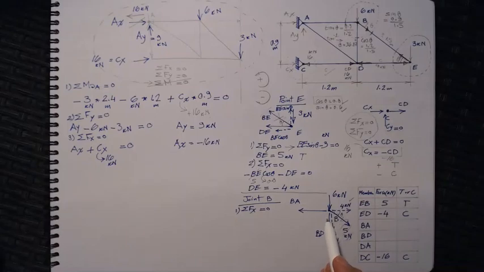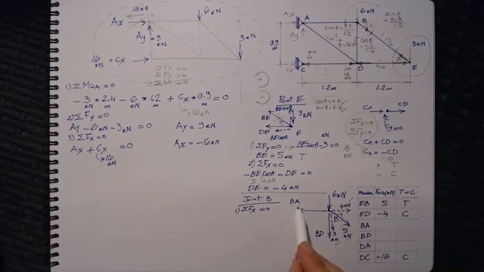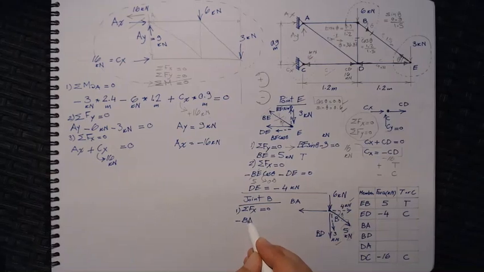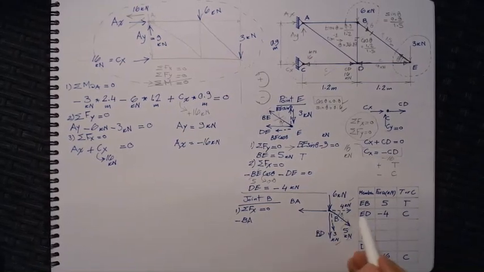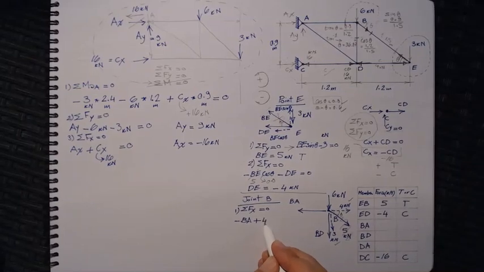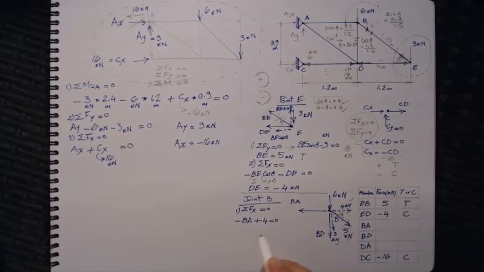So force BA is unknown and it's going in negative x, so I will consider negative BA going in negative x. Is there any other forces in x? Yes, there is 4. So it's going positive x, so plus 4 has to equal 0.